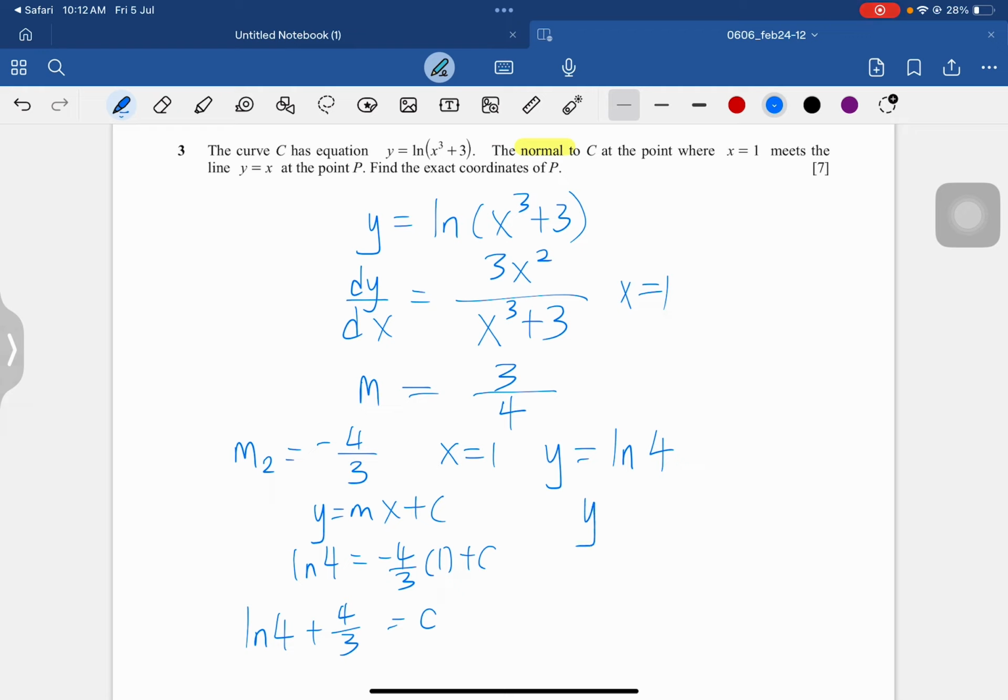So your equation is going to be y equals minus 4 over 3 x plus ln 4 plus 4 over 3. And this normal meets the line y equals x at point P. Find the exact coordinates of P. Meaning we have to do simultaneous equations.